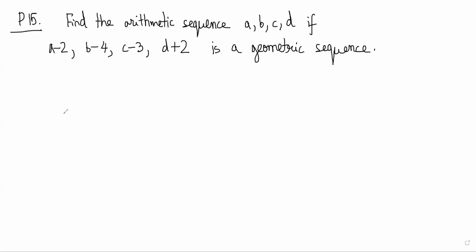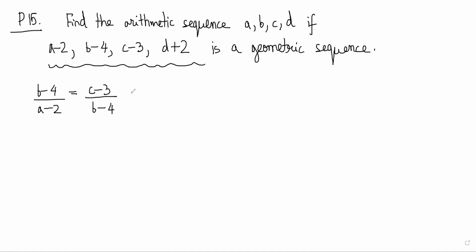Is anybody getting anything? If this is a geometric sequence, these are the things that we know. B minus 4 by A minus 2 should be equal to C minus 3 by B minus 4, which should be equal to D plus 2 by C minus 3.